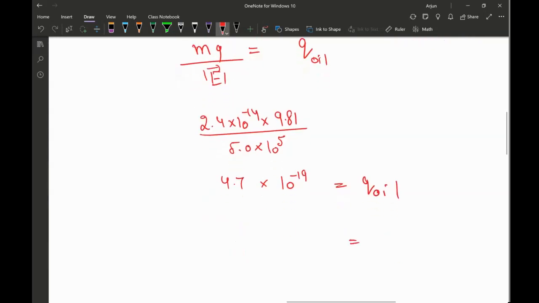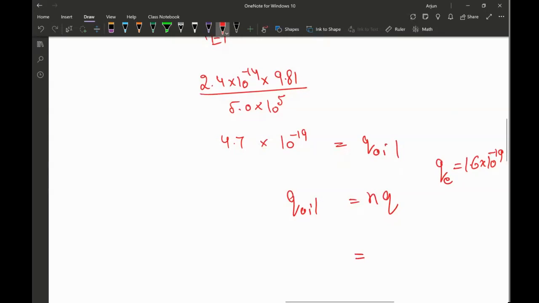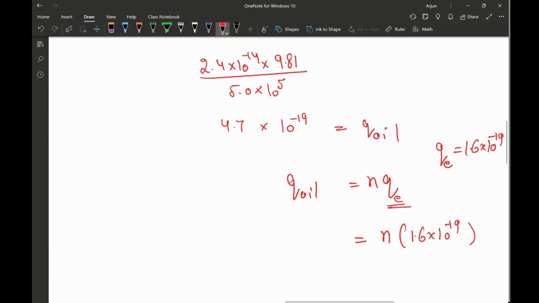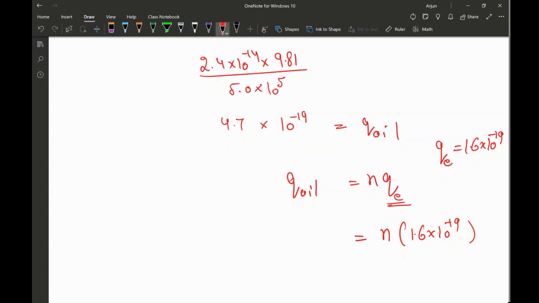What is the charge of one electron? That is 1.6 times 10 raised to the power negative 19. So Q oil is equal to n times Q, which in turn will give me the number of electrons. The charge of one electron is 1.6 times 10 raised to the power negative 19, and Q oil is equal to 4.7 times 10 raised to the power negative 19.